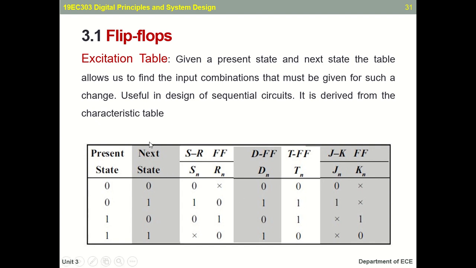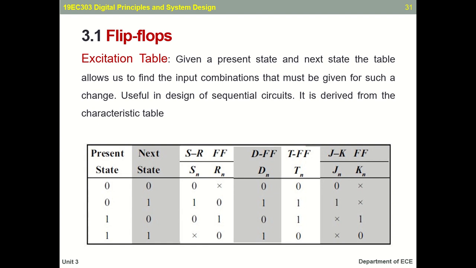This is the excitation table, which has been formed using the characteristic table. We have deduced the excitation table from the characteristic table, depending on the values of Qn and Qn plus 1.